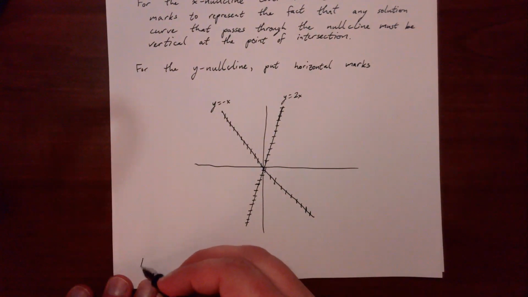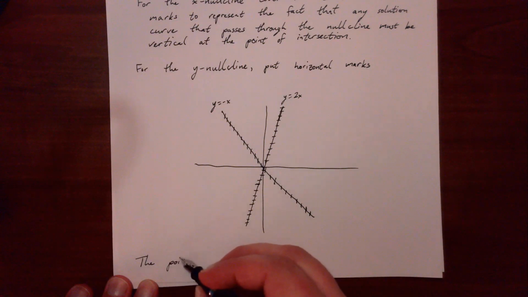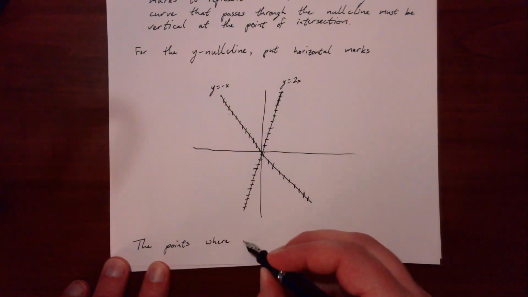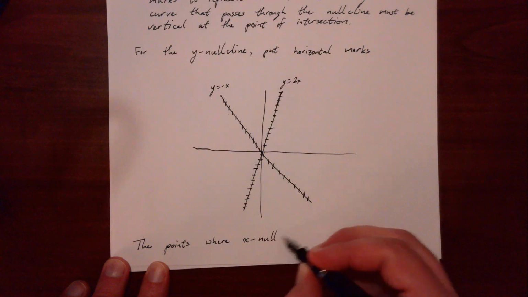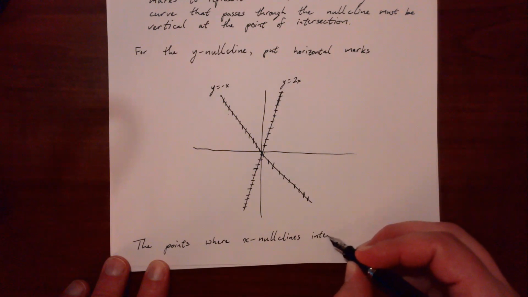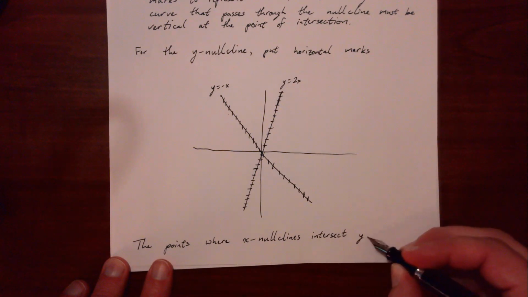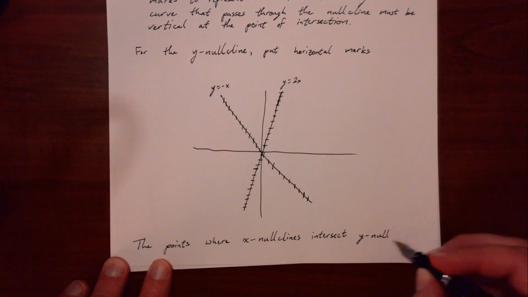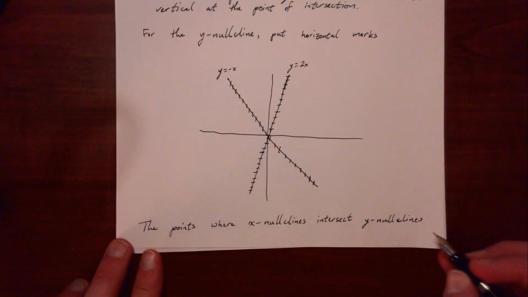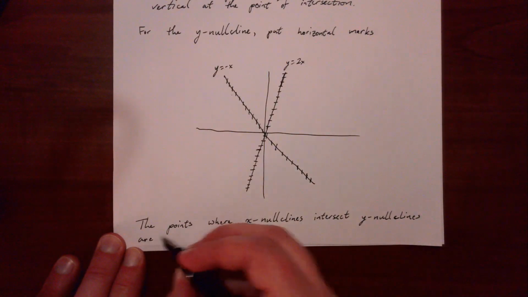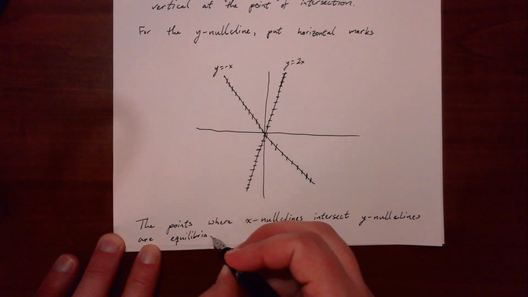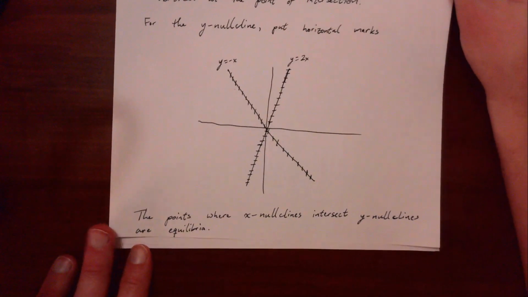So the points where x nullclines intersect y nullclines are equilibria. So those are the equilibrium points for this system.